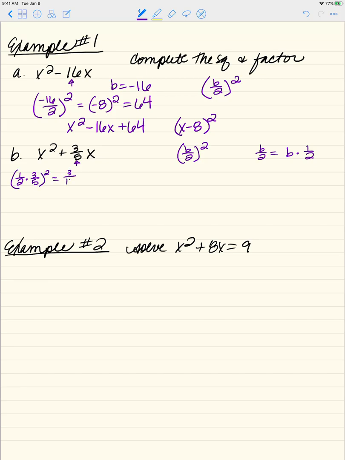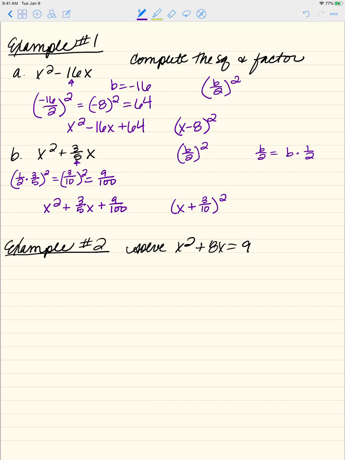So that is 3 over 10 squared, which is 9 over 100, okay? Take your original x squared plus 3/5 x. Now add 9 over 100 to complete the square. Factor that out, okay? And that is x plus 3/10 squared, okay?